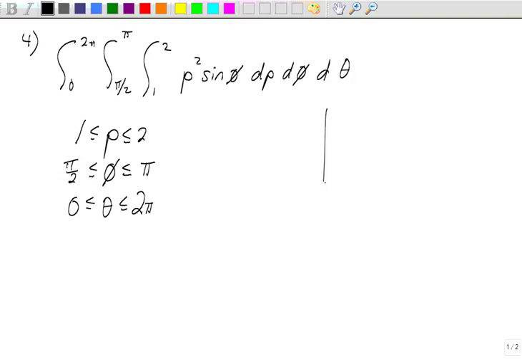So when we draw this, rho is between 1 and 2. And phi is between pi over 2 and pi. So here phi is 0 and phi is pi.